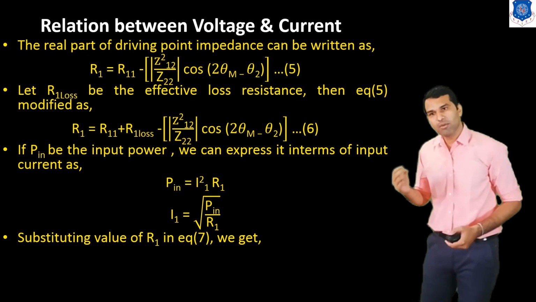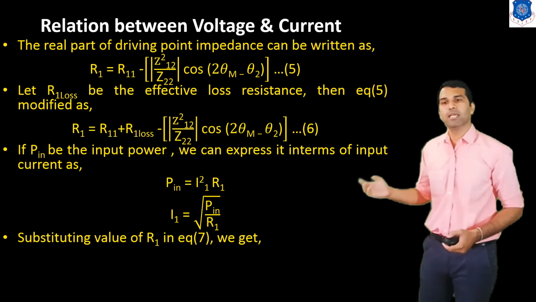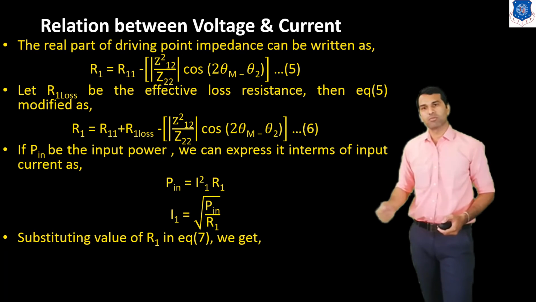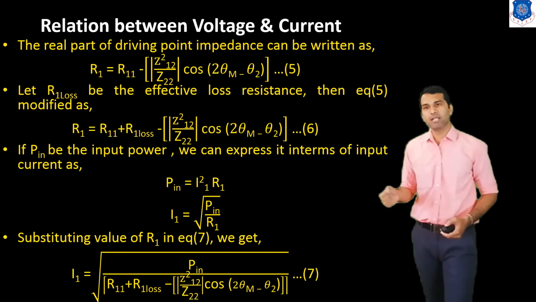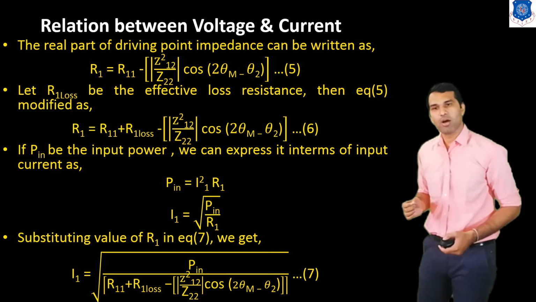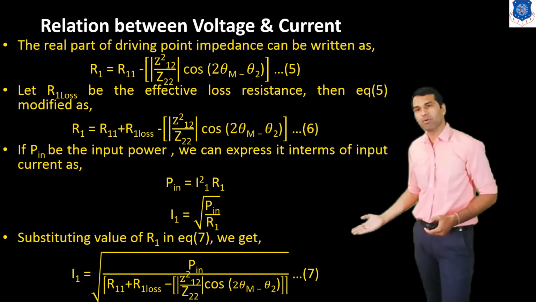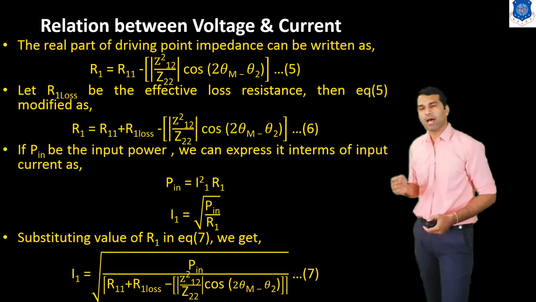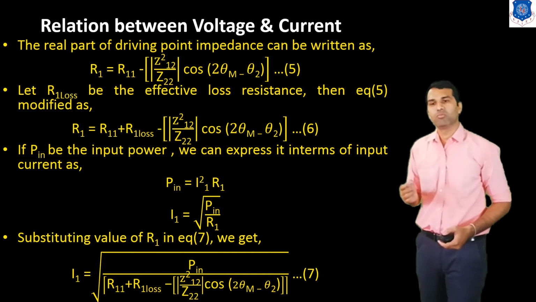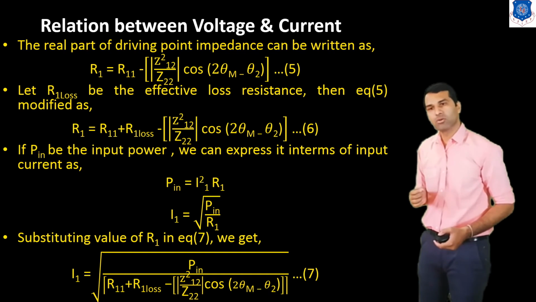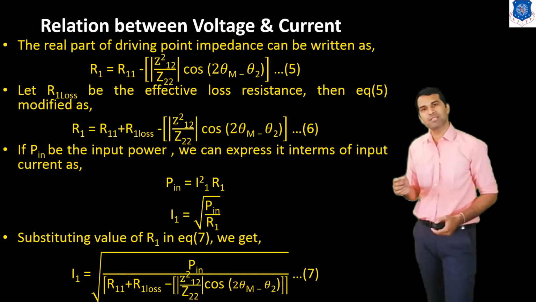Now we substitute the value of R1, and we call this equation number 7. So I1 equals under root of Pin upon R11 plus R1 loss minus Z12 square upon Z22 cos 2 theta m minus theta 2.